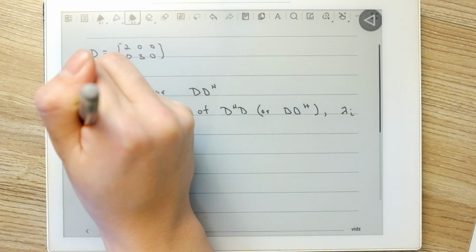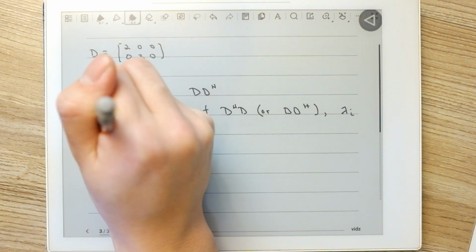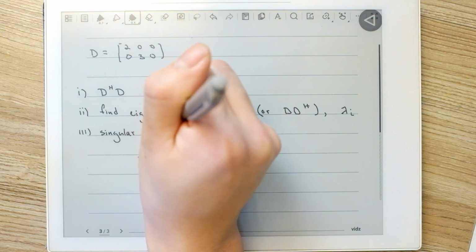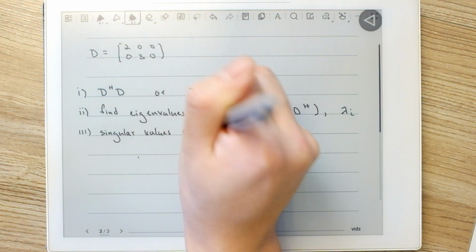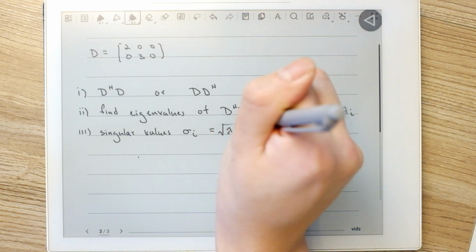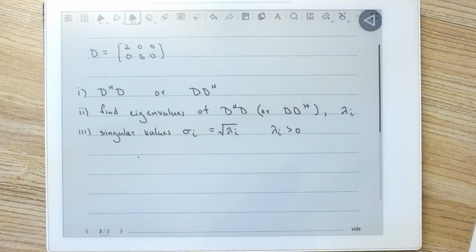Once we have found these eigenvalues, we want to find our singular values. The singular values sigma i are simply equal to the square root of lambda i for every lambda i bigger than 0.